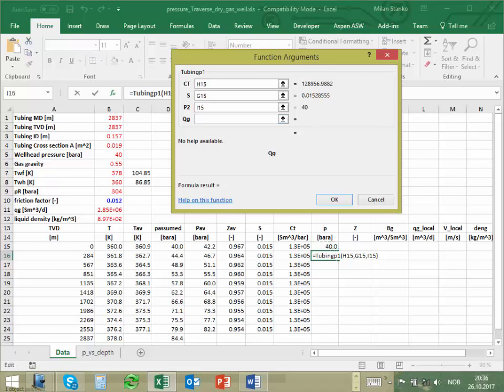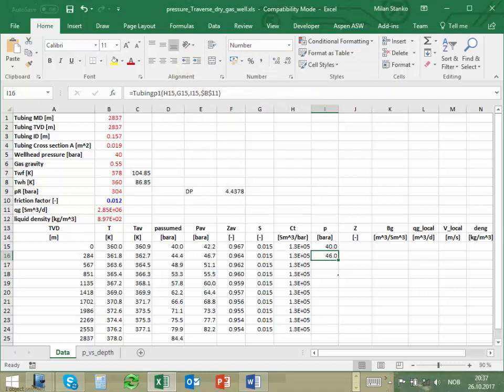And the Q, would that be different for every section? Every section is flowing the same gas, right? What comes into one section comes out of the section. So the Q is constant. So that one, I should select it here and block it. It's constant for every section. Okay. 46, then we go down all the way to, okay, 40 to 85.